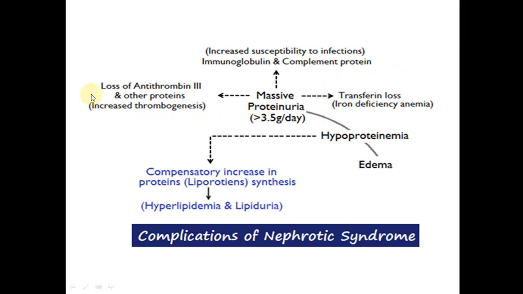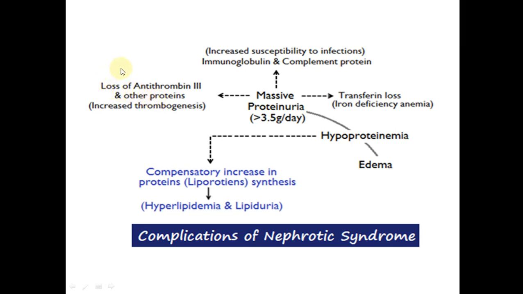Moreover, patients with nephrotic syndrome are exposed to thrombogenesis. Thrombi are clots formed in the blood vessels. So we know that hemoconcentration or decreased fluid in the blood causes hemoconcentration and stasis. And we have studied in hemodynamics that stasis predisposes to thrombosis and clot formation.